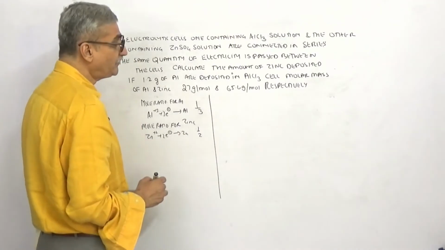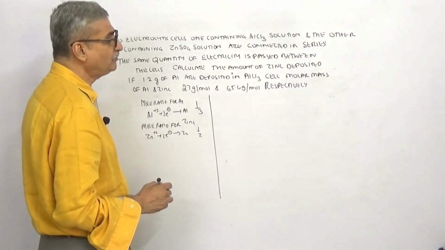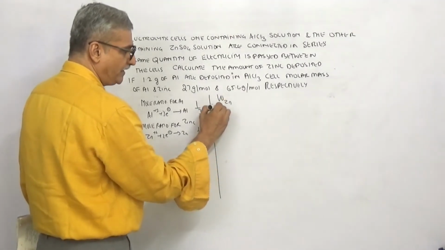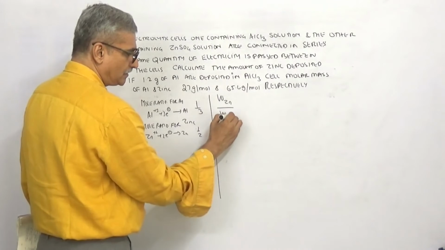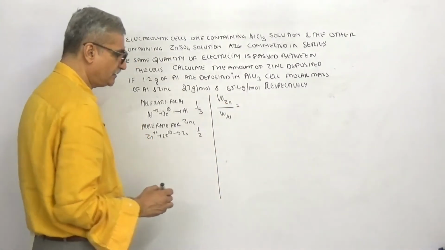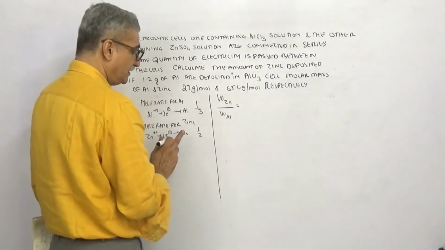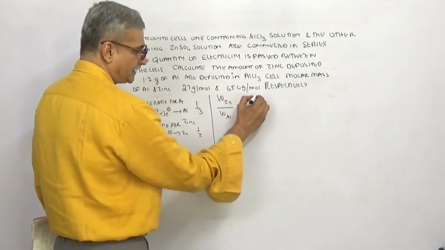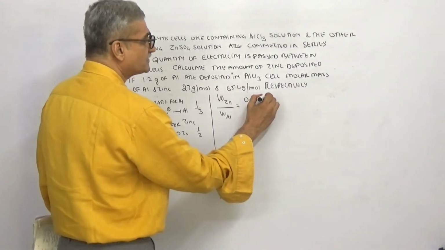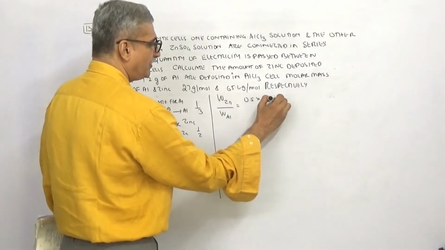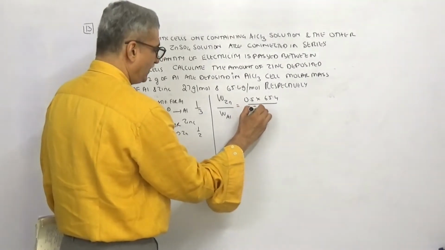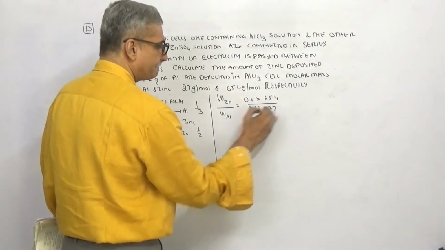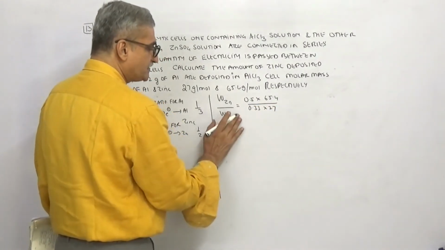So what do we want to find out? Calculate the amount of zinc deposited. So weight of zinc upon weight of aluminium will be, what will this be? 1 by 2, that is 0.5, into molar mass of zinc is how much? 65.4, divided by 1 by 3 is 0.33 into 27. So weight of zinc will be equal to what?